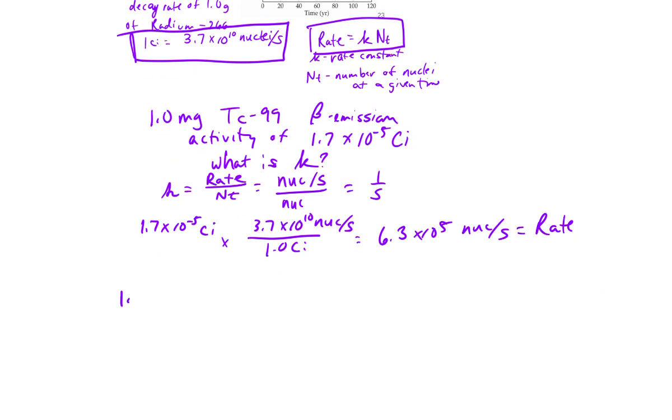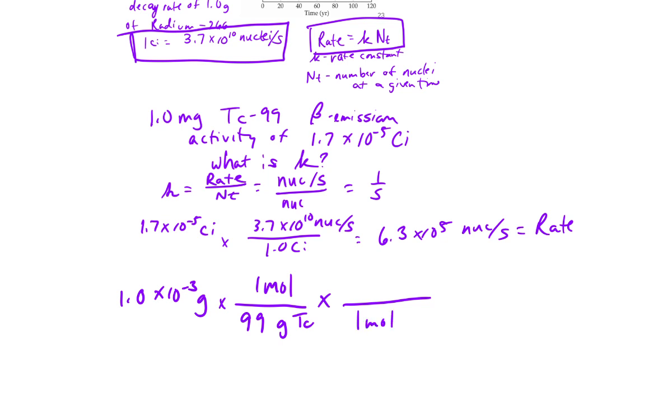So if we start with 1 milligram, or 1 times 10 to the minus 3 grams of technetium-99, we can use the molar mass of technetium, which is 99, and divide by the molar mass, 99 grams of technetium-99 per mole, and then use Avogadro's number. 1 mole is 6.022 times 10 to the 23rd nuclei.